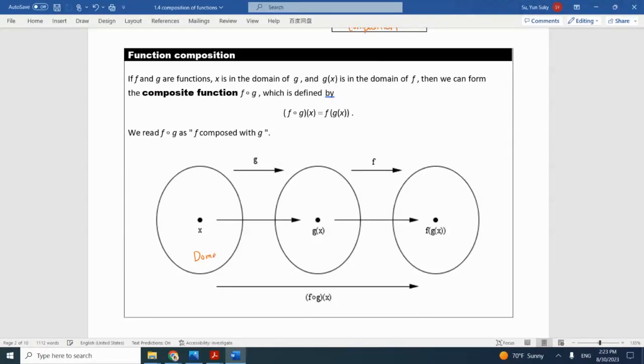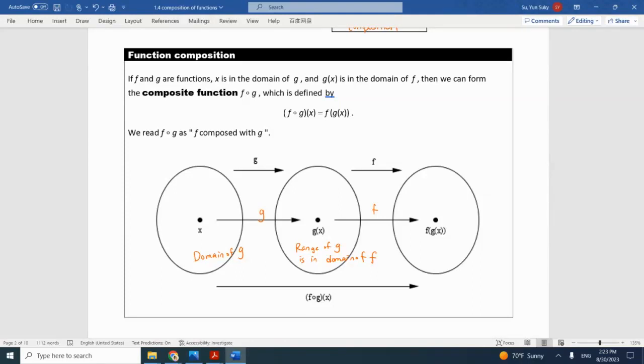All right. So here is the domain of G, and then here is the range of G. But because you want to apply the F, you also want to make sure the range of G is in the domain of F. You make sure the range of G is in the domain of F, so then you can apply the F, and then this is the range of F. Okay, everybody?